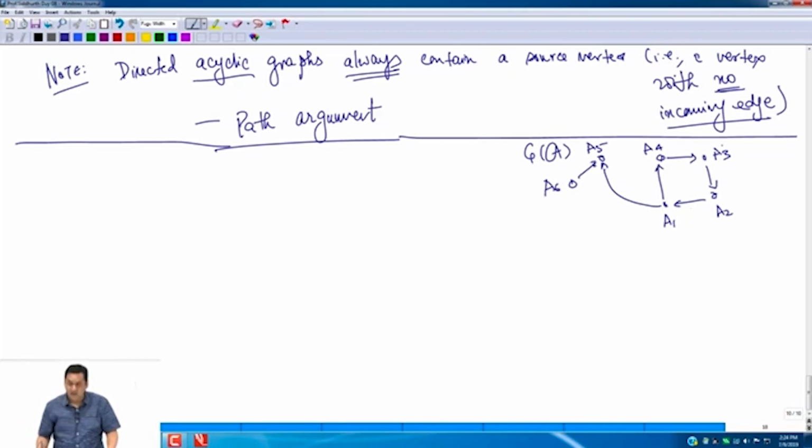When you do the shuffle across the cycle, A1 will end up here, so this guy now owns A1, this guy will own A4, and so on. It might happen that this guy still starts envying A5. So this edge that's not part of the cycle might persist.